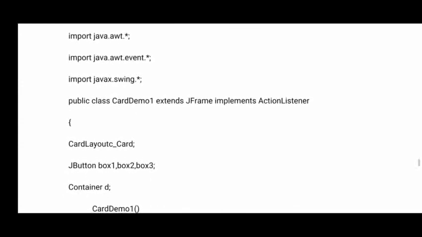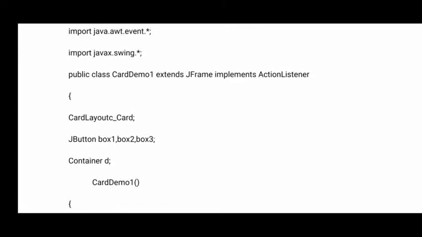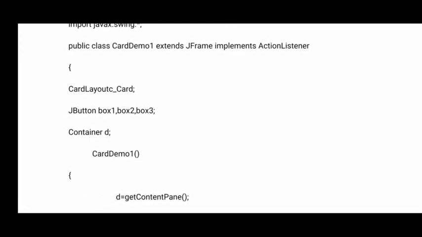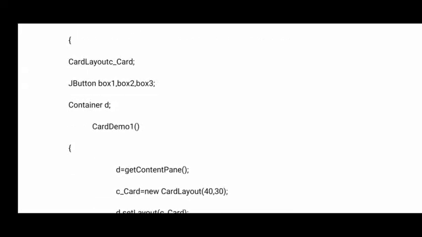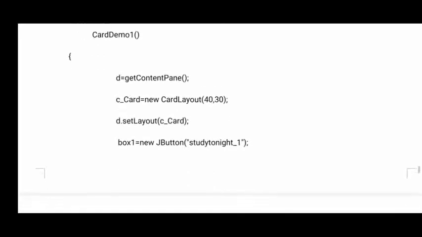Same 3 packages I am using here, and the name of the program is card demo. Card demo means only one element will be displayed in a given area. Card layout. Now how many buttons am I adding? 3 buttons. Now come to the constructor. Here I am creating an object for the panel, meaning a frame we are creating.